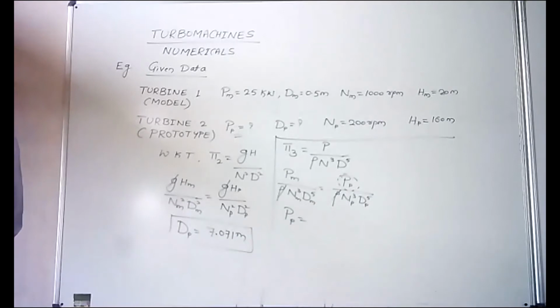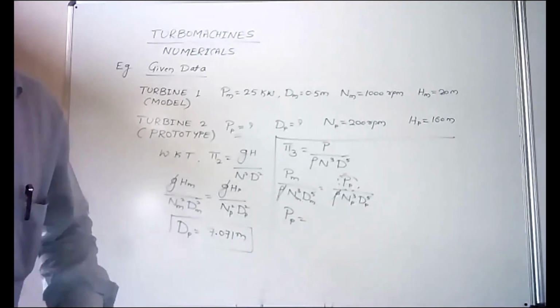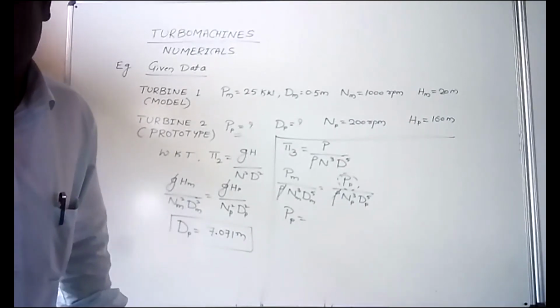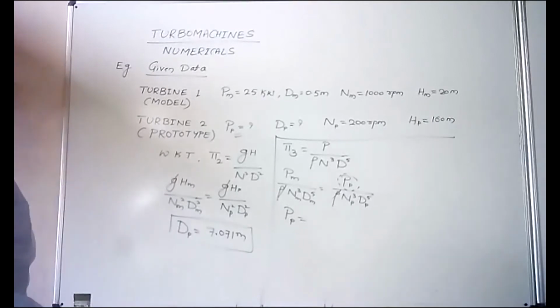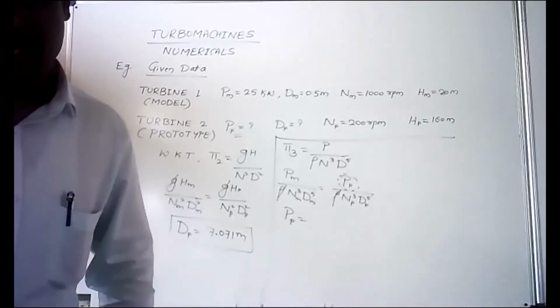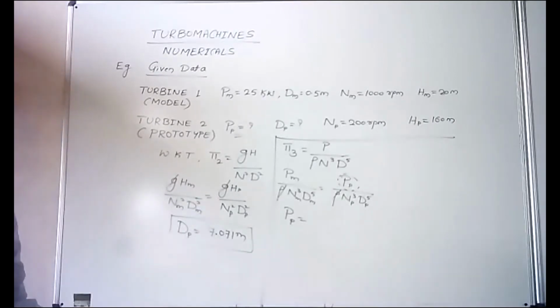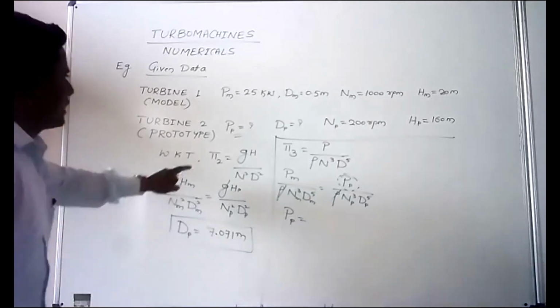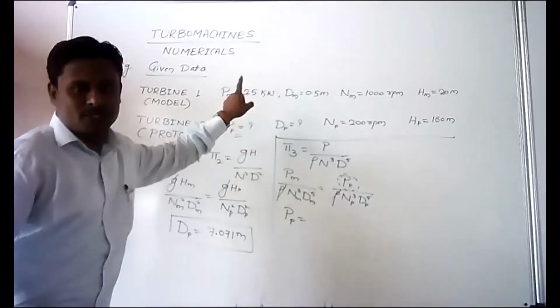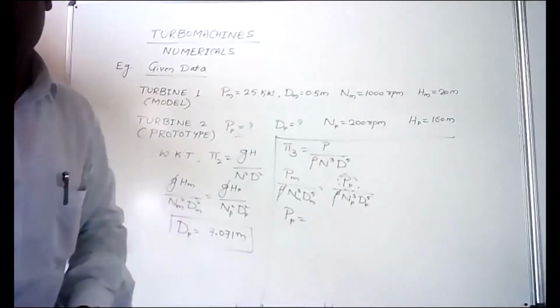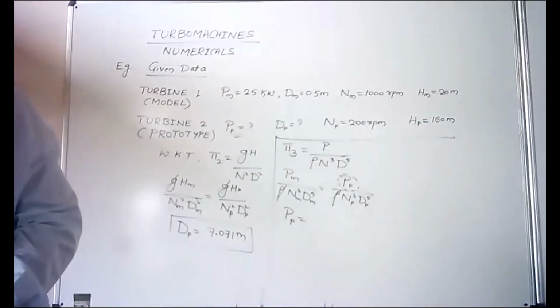These are very basic and simple problems. What is the value of power? 113 kilowatts. Just check it. Because Pm is already 25 kilowatts, so Pp is also in kilowatts. Just check your answer.